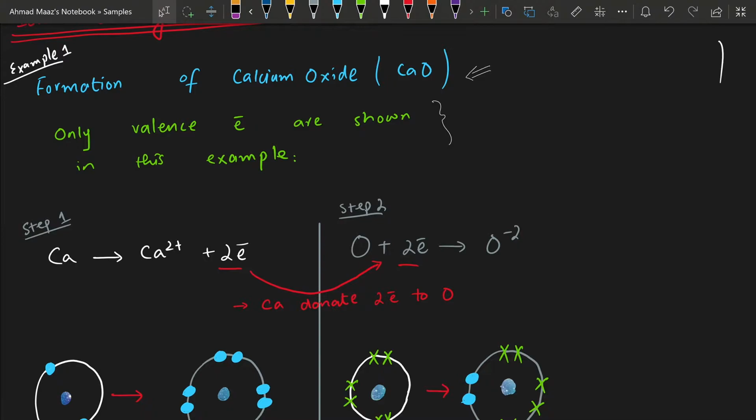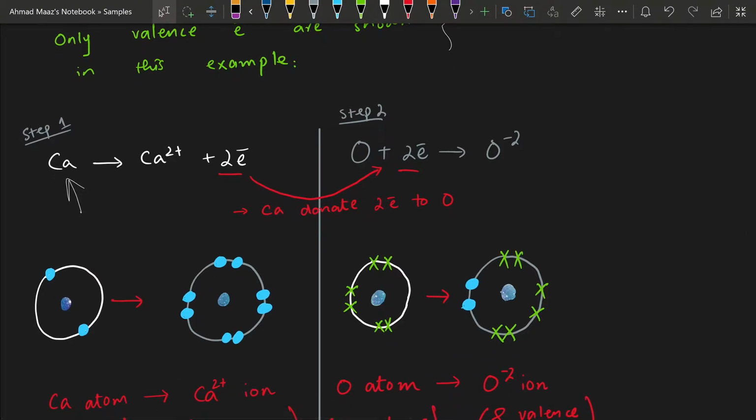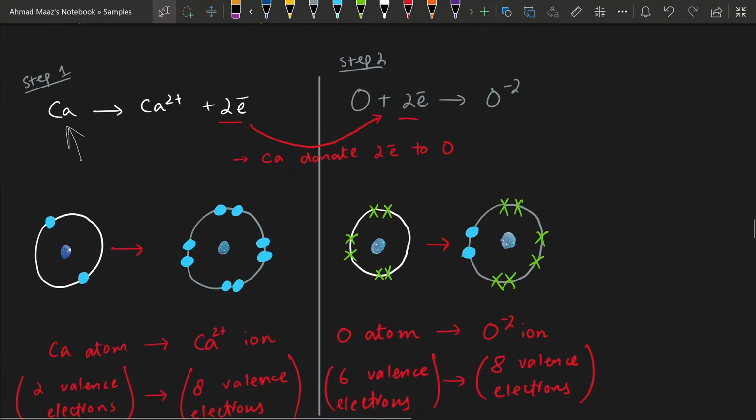For example, calcium is a big atom, so only valence electrons will suffice.